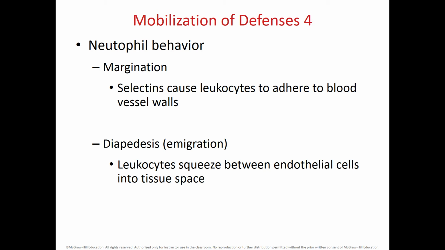This is known as margination. Then the walls of the blood vessel will produce proteins called selectins that will stop the leukocytes, so that they adhere to the endothelium. The endothelial cells will open up, and the leukocyte will squeeze in between the endothelial cells in a process we call diapedesis, or emigration.